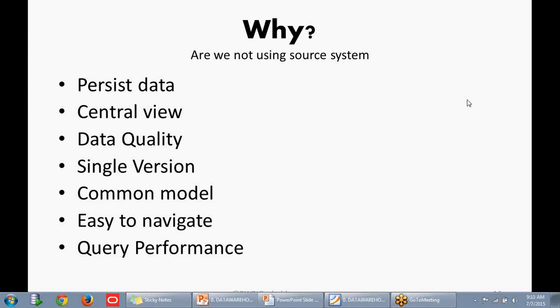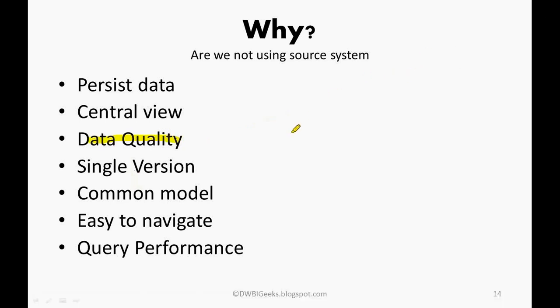Fine. And coming to the next, it's data quality. Data quality issues are going to get resolved through this data warehousing process, because extracting data from different source systems and integrating it into the data warehouse is a very simple process, instead of extracting data from different source systems directly.